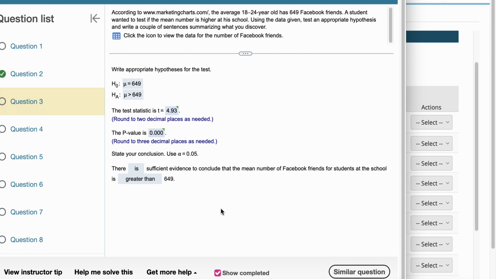One is given the summary stats, and the other is given the raw data. In the raw data, there'll always be an icon for you to open so that you can get it loaded into StatCrunch.